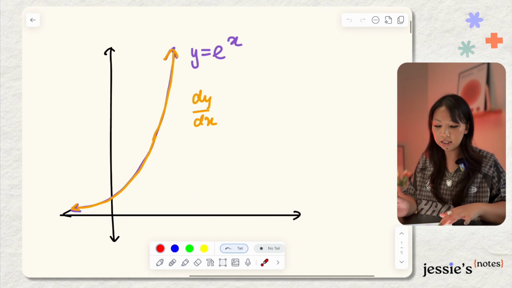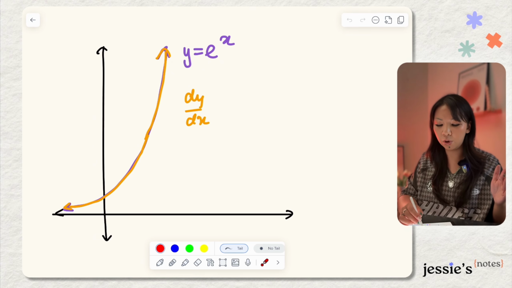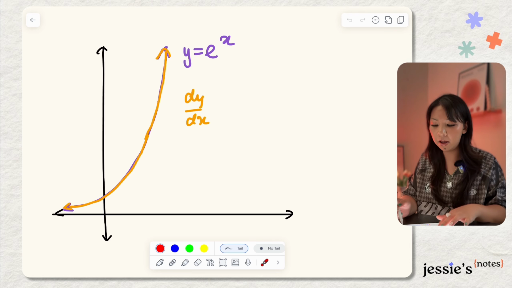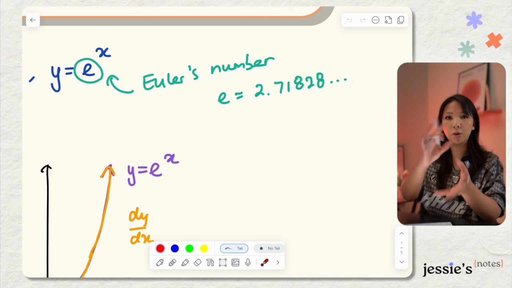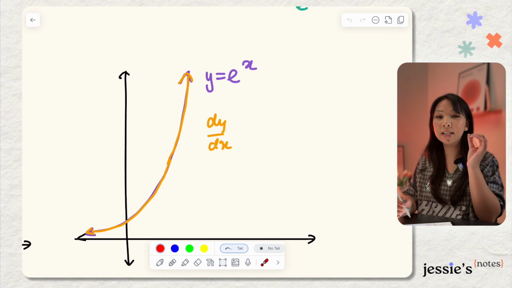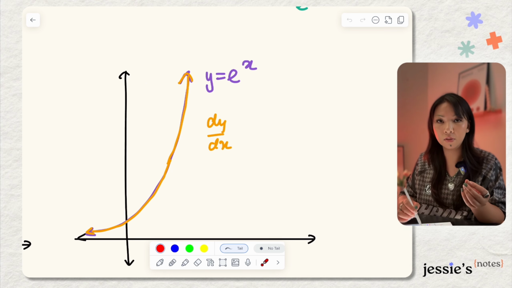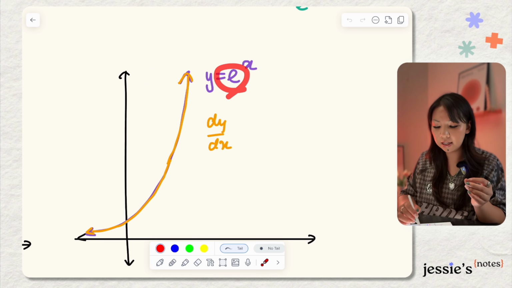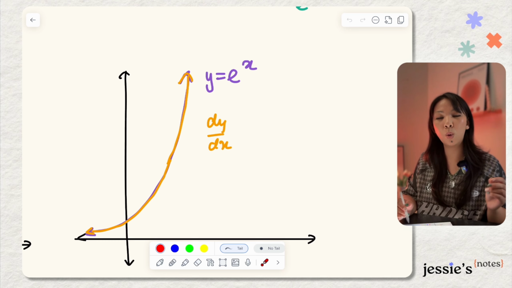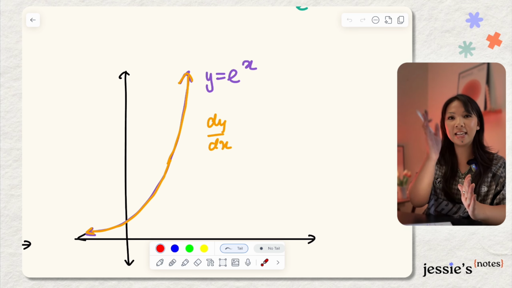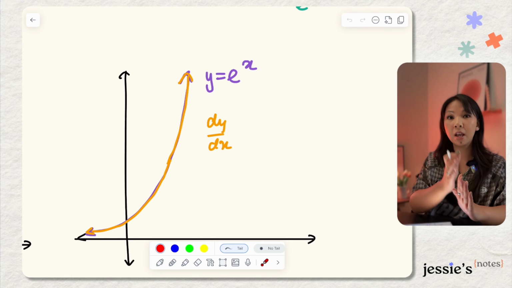Now, if I look at this diagram over here, I have drawn y is equal to e to the power of x. Remember where e is Euler's number, this infinitely long, very random set of decimals. And on top of it is drawn the derivative. What you will notice, which is so interesting, and it only works when the base of the exponential is e, Euler's number, is that the original function and its derivative are exactly the same.